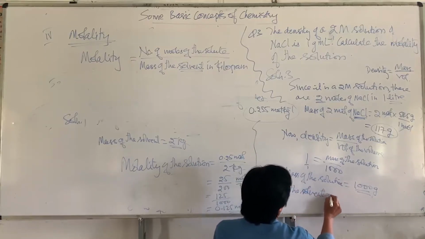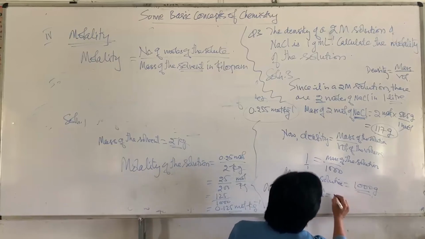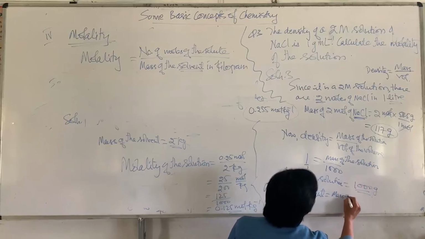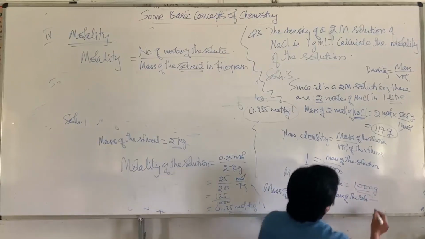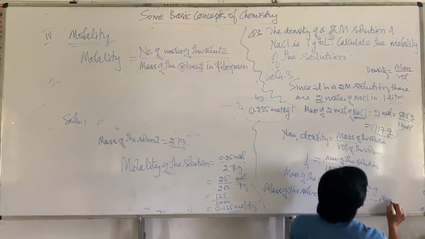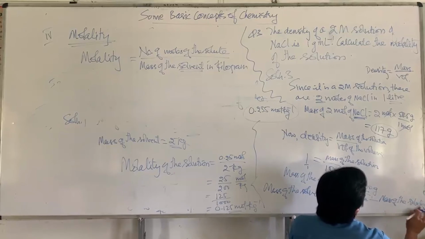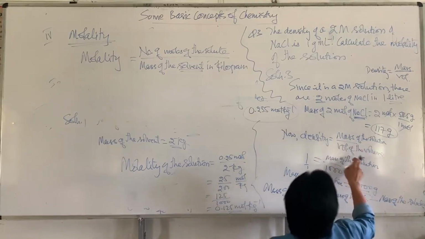So mass of the solvent, that is your water, is equal to mass of the solution minus mass of the solute. The solute here is your salt, sodium chloride.